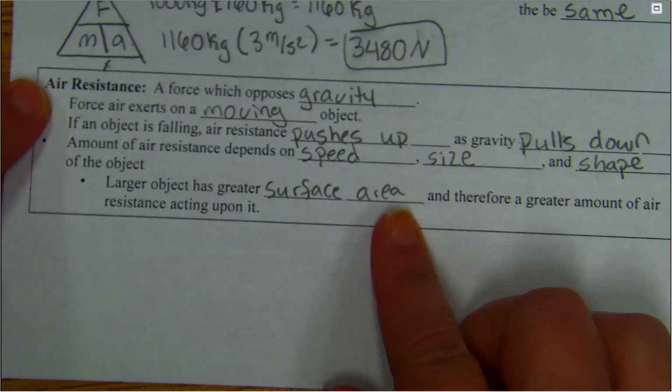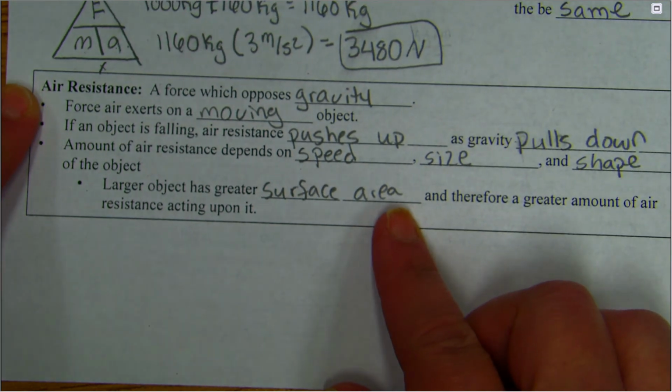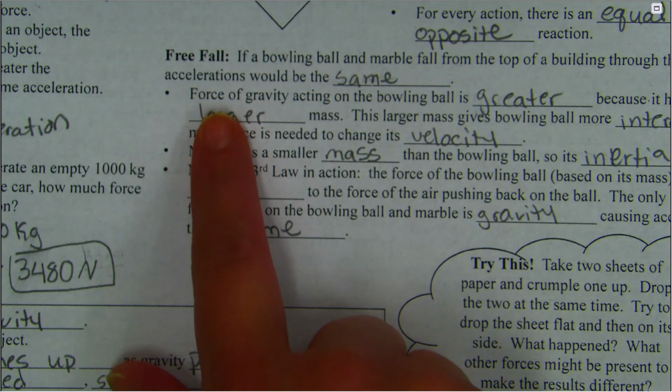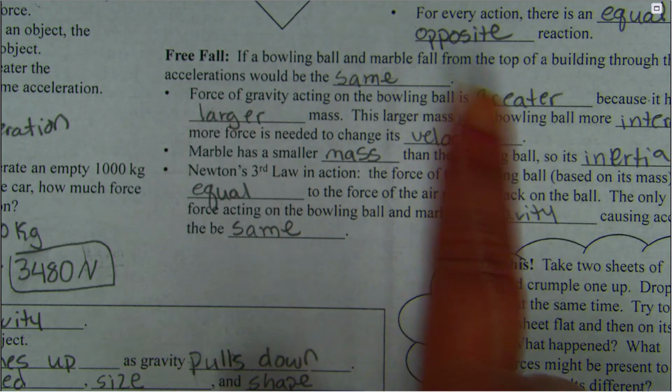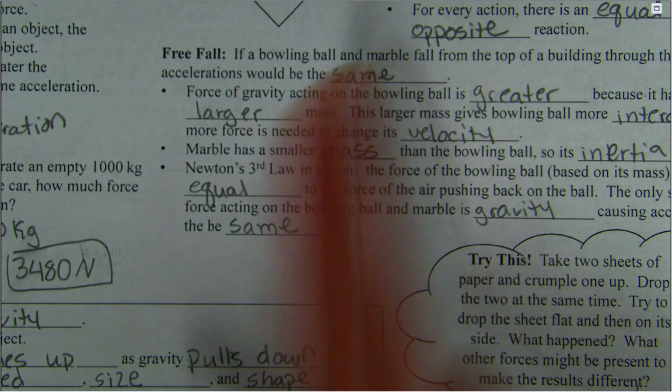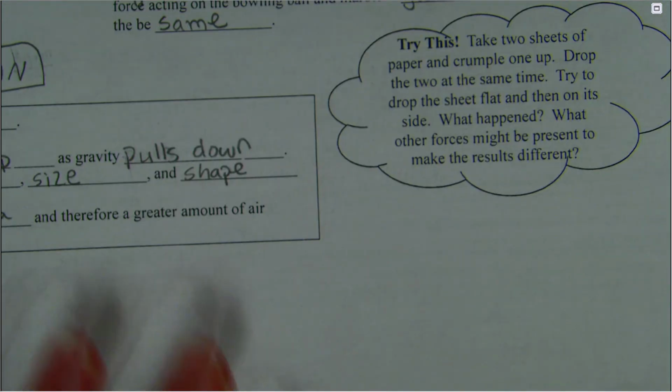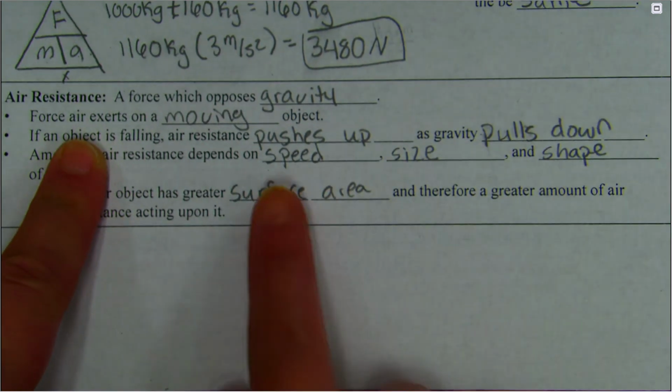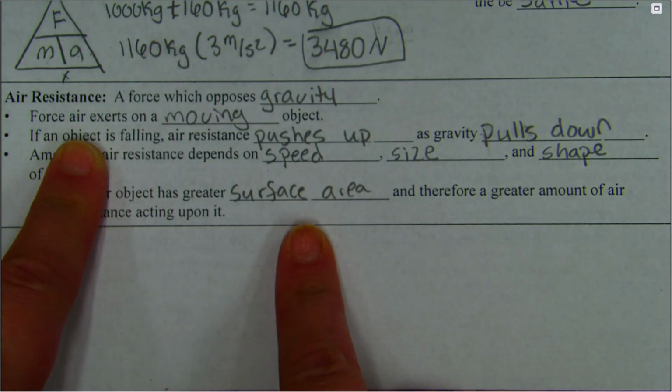Therefore, more air resistance. Now the acceleration from this free fall, from them falling down, is going to be the same. However, they did not hit the floor at the same time. Why not? Because of air resistance and the surface area acting on those objects.